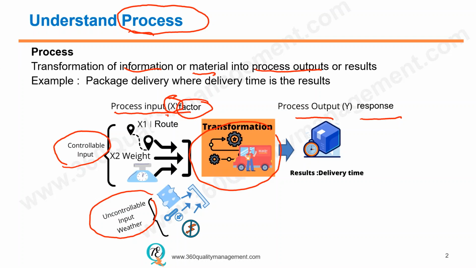So in this example of package delivery, where delivery time is the result, that means the shorter the time that is delivered to the customers, the better it is. In this example, we have identified there are two controllable inputs, which is the route itself, which route is the best, and also the weight of the package, will it impact the delivery time.